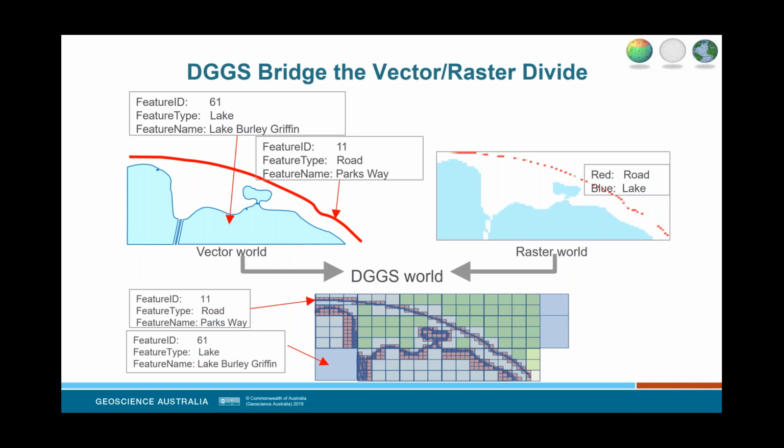What's more, the DGGS is a set of cells that are referenced by a unique identifier. It's a bit like regular databases, where each cell is like a bucket, or you could even conceive of it in your head as just like a relational database table.